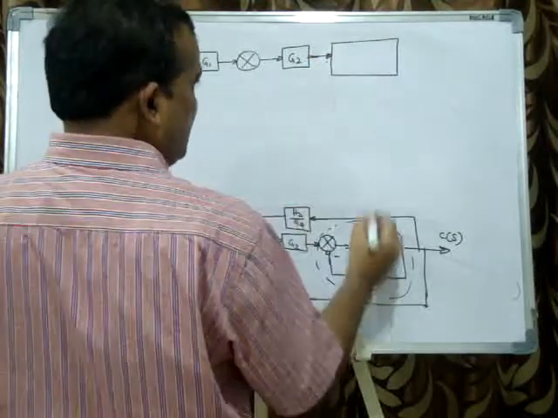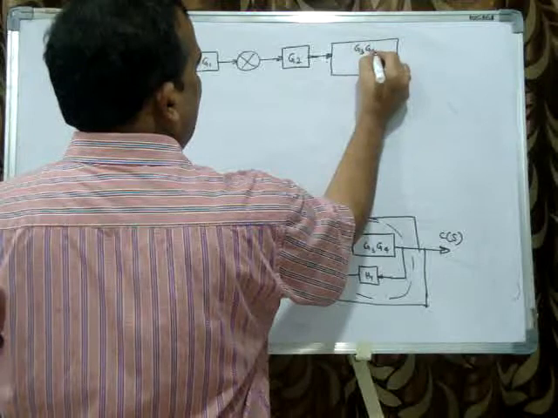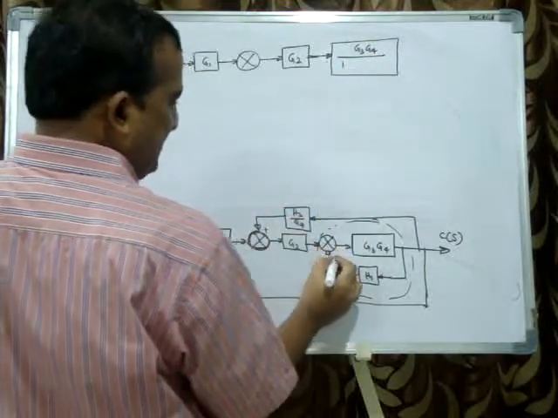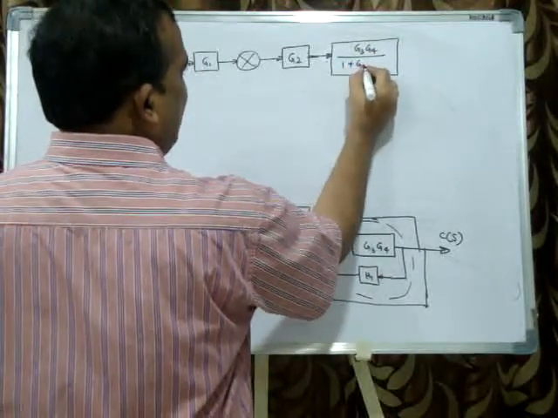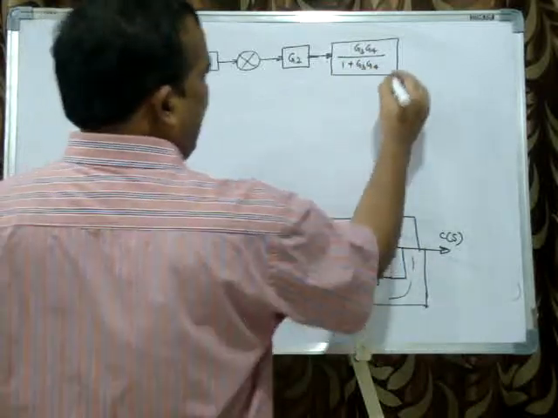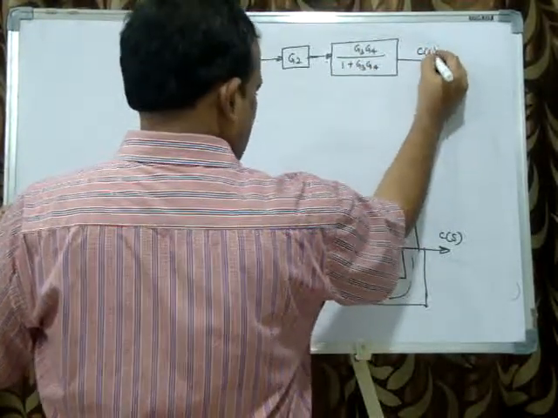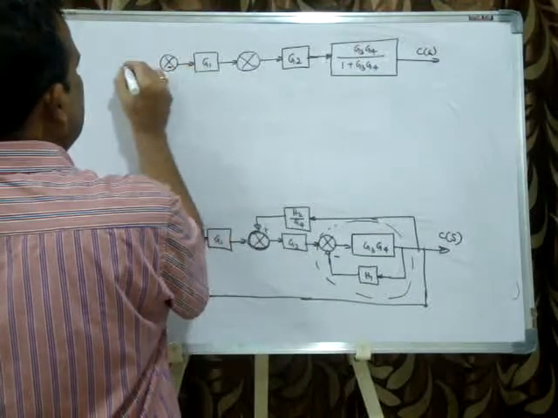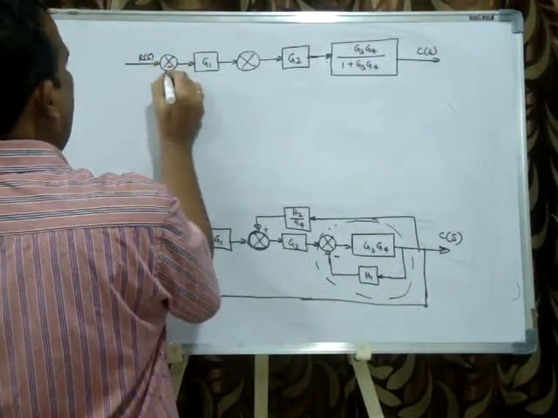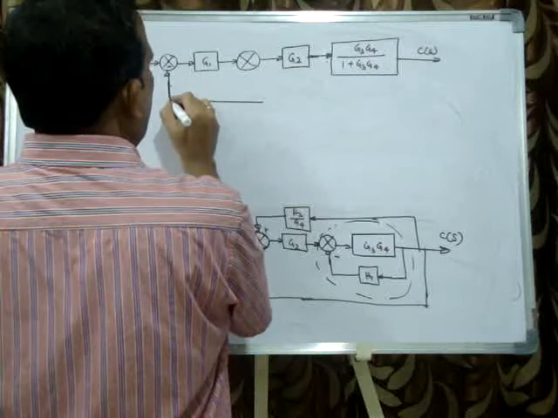So what is the transfer function? Feed forward element divided by 1. If a minus is there, I will write plus. Feed forward into feedback, C(s), and here minus, here R(s), and here nothing is there, means what? 1.